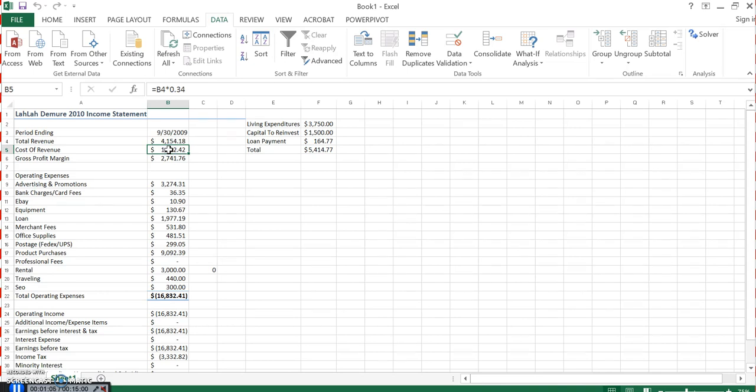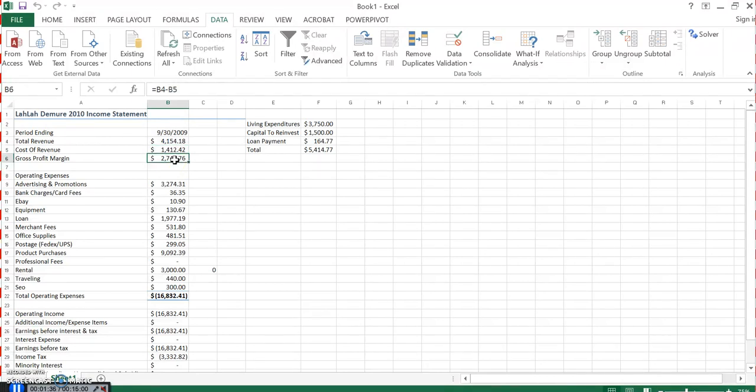How I put together this formula was I did some research online, and there was a designer stateside who was quoted as saying that 34% of the cost of her clothes can be attributed to materials, labor, and ingenuity. So I went along with that 34% figure as well, which led to 1412.42.